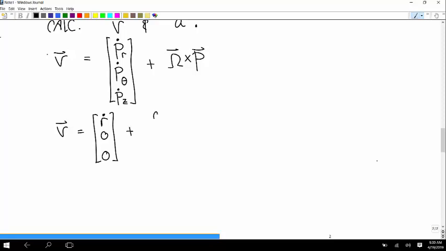Then capital omega is 0, 0, theta dot, and we're crossing that with the position vector, which is r, 0, 0.